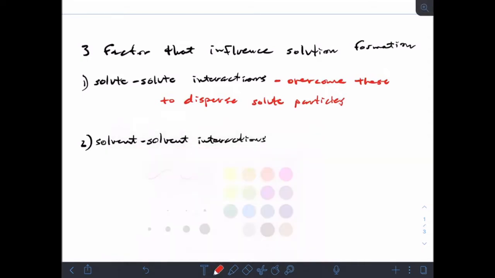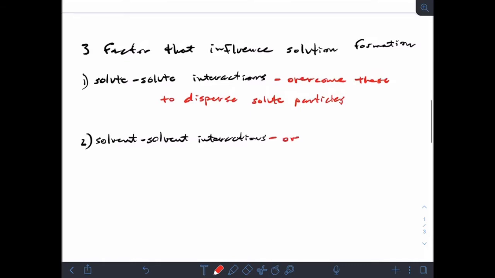What that means is that in order to let mixing happen, our solvent molecules have to make room for the solute particles to come in and interact. So we have to overcome these interactions to make room for solute particles.